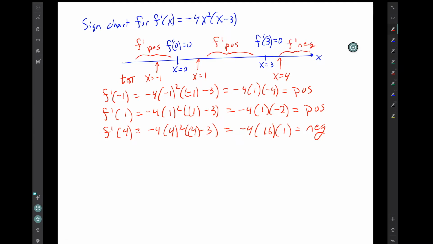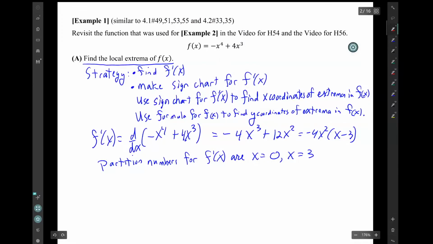So there's our sign chart for f prime. So we've done the first 2 things on our strategy.